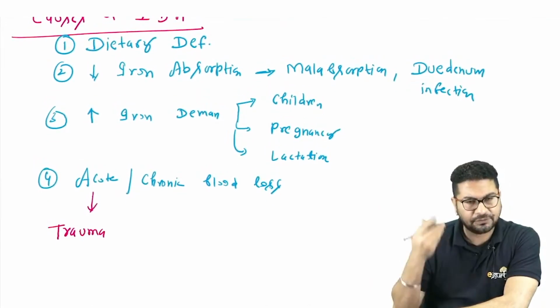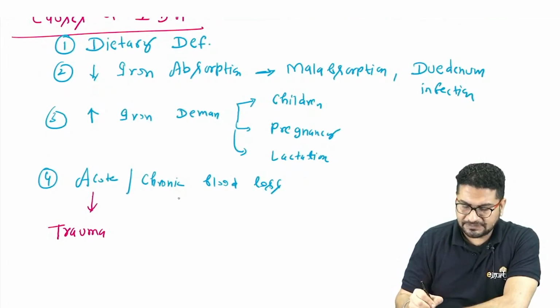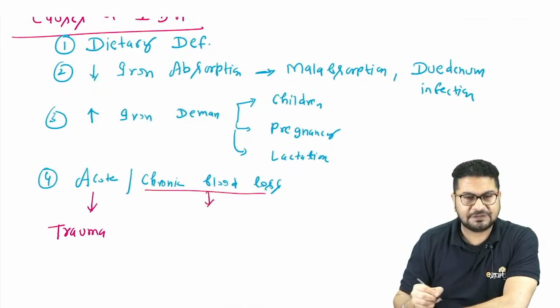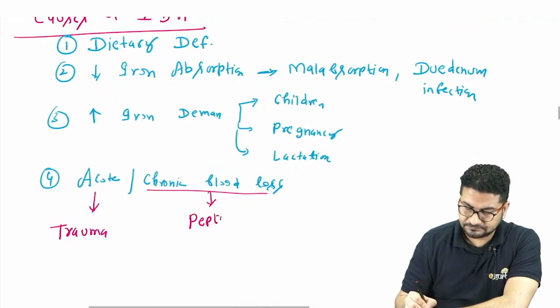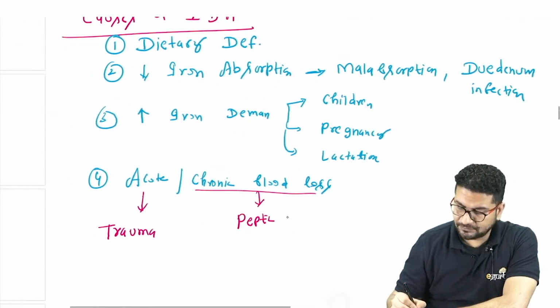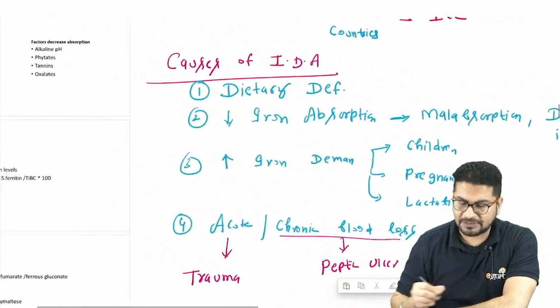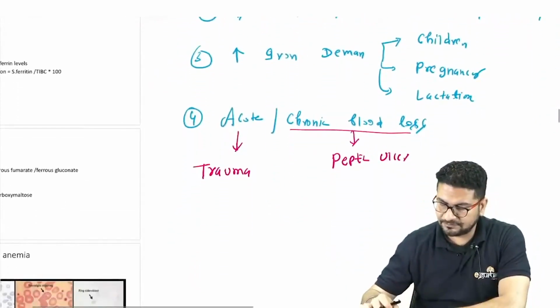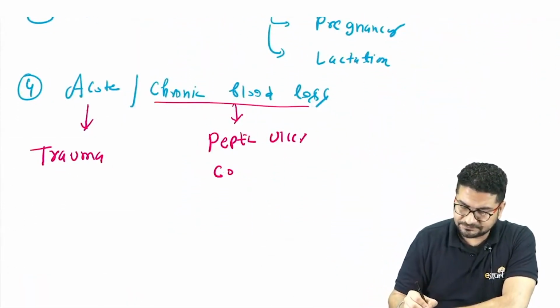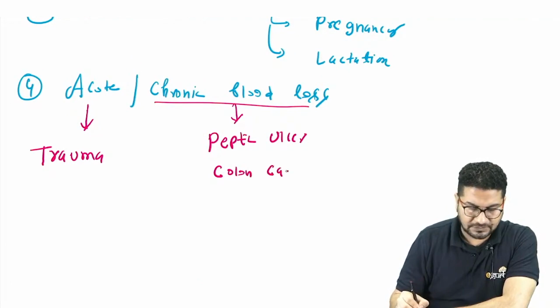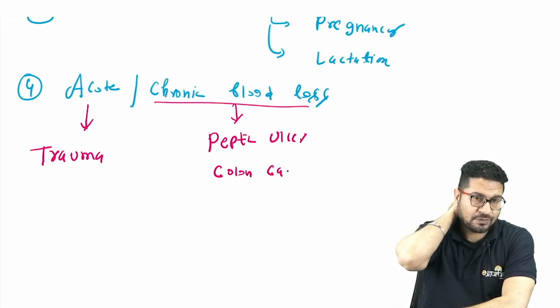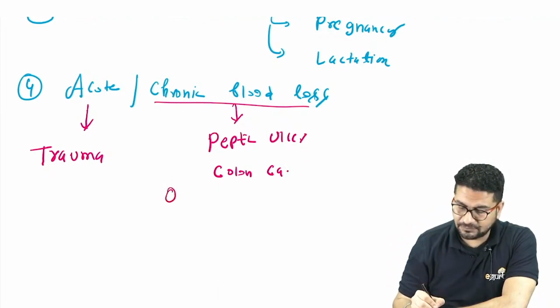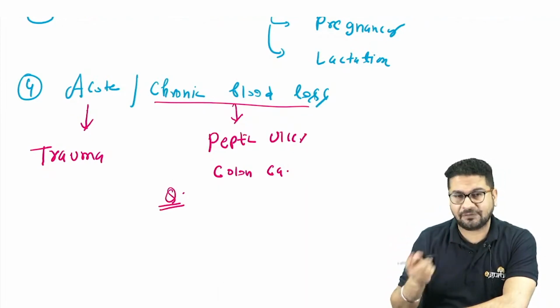What happened? Blood loss. Chronic blood loss you can see in many conditions, like peptic ulcer and colon cancer. Chronic blood loss can also occur due to hookworm infection. Remember this hookworm infection, it's a microbiology overlap with medicine.